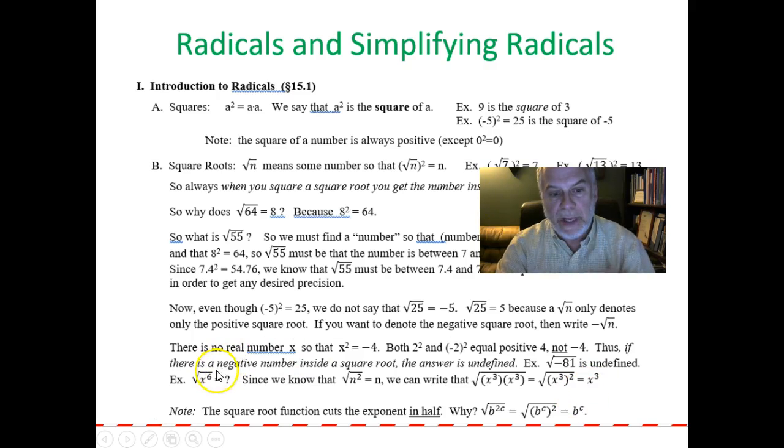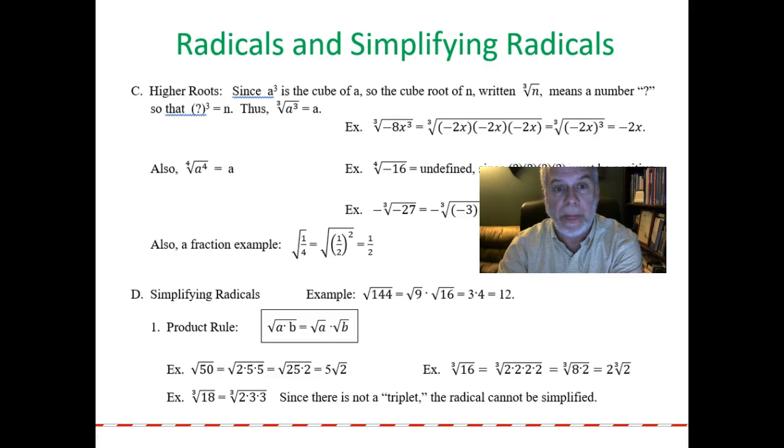So we had x to the sixth, and we took the square root of it, and we got x to the third. So a note here, the square root function basically cuts the exponent in half. You can see the formula there that takes 2c for the exponent and breaks it down to just c. In other words, it cuts the exponent in half.